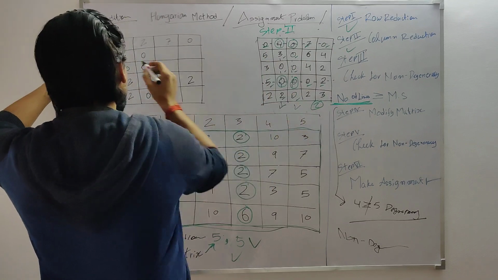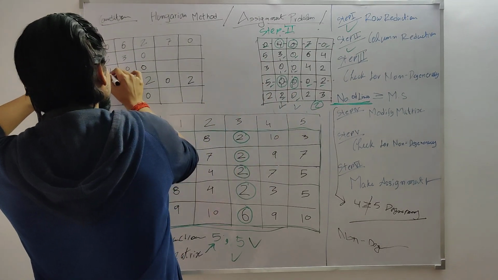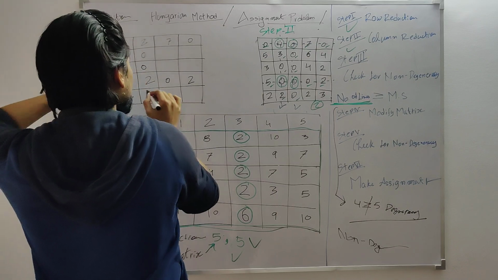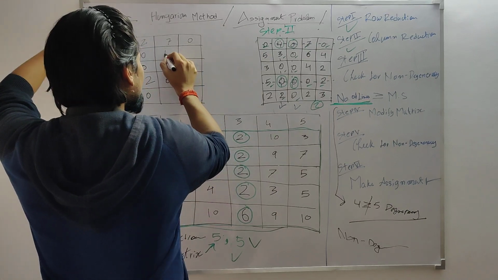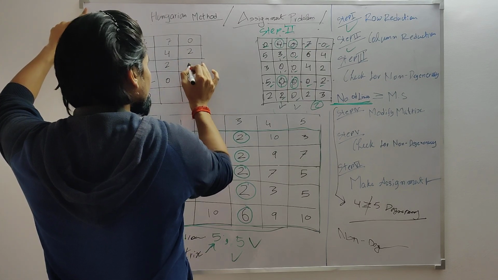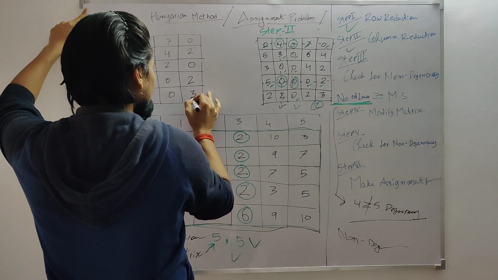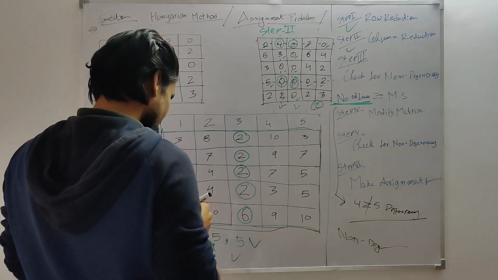So 5 minus 2 gives me 3, 3 minus 2 gives 1, similarly 0, then over here 4, 2, 2, 0, 0, 3. So this is my modified matrix now.